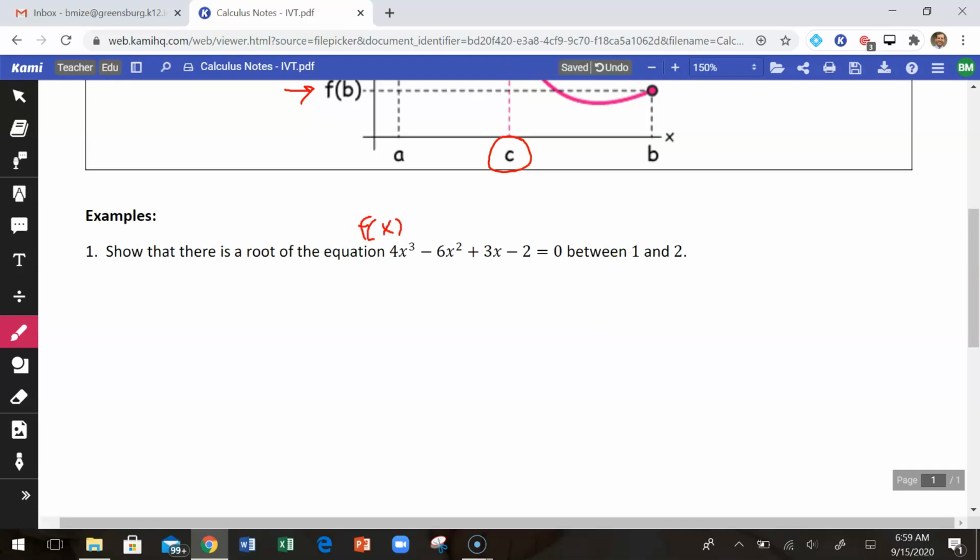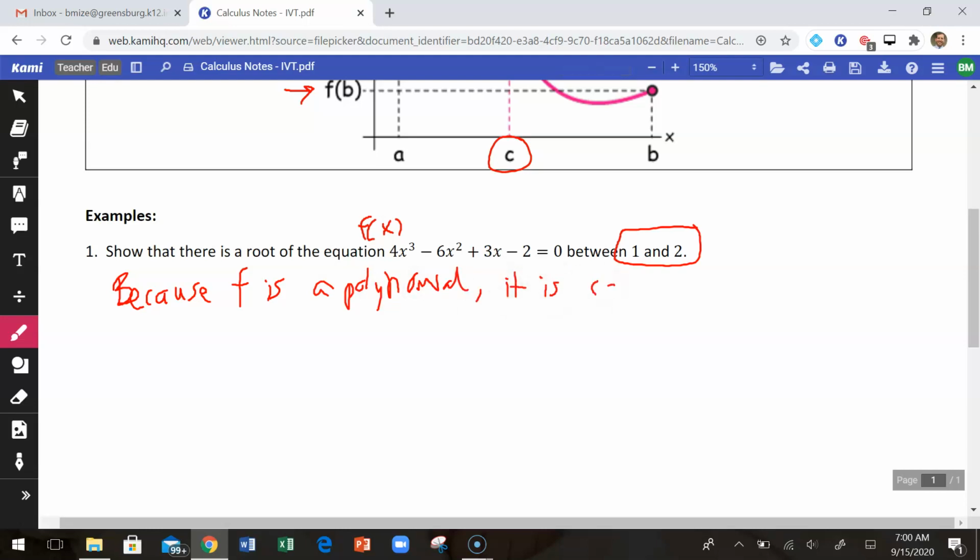And the first thing I need to state is that this function is continuous over this interval specifically. Okay, so you have to state some kind of reason why that's the case. In this case, it's pretty easy because our function is a polynomial. So I'm going to say because f is a polynomial, it is continuous.